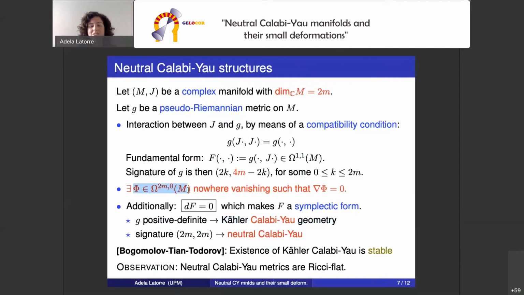This one condition will also hold, right? So for this reason, we wonder what happens with neutral Calabi-Yau. What happens when we weaken the positive definiteness and we focus on neutral signature?